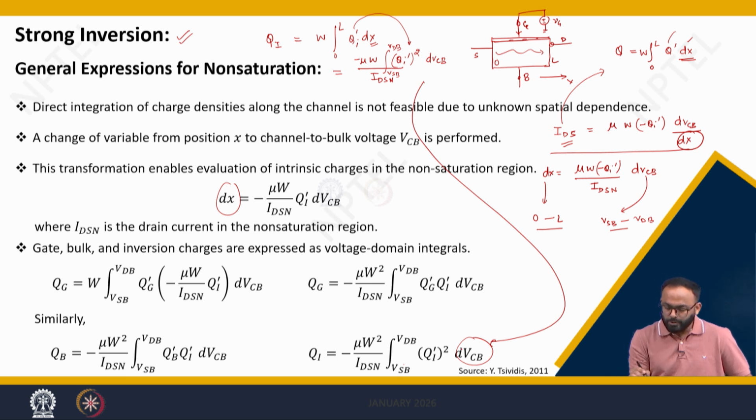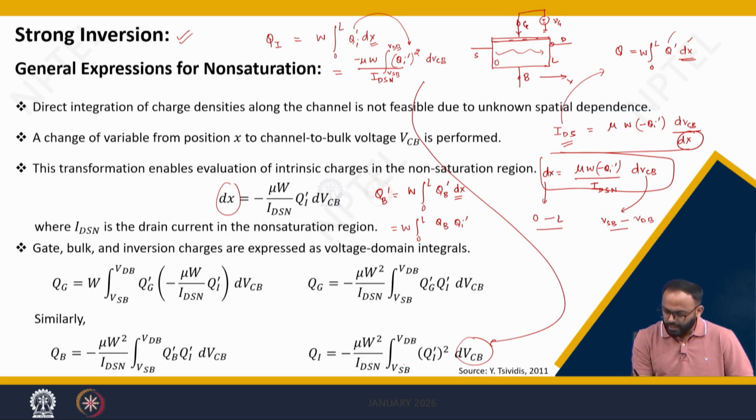Similarly, following all those expressions, for QB dash, what happens is W into the integral from 0 to L of QB dash dx. If you replace dx by this function, you will get W into the integral of QB dash into Qi dash with a negative sign, and this constant will come out as mu into W divided by IDSN dVCB, and now the limit will be VDB to VSB.